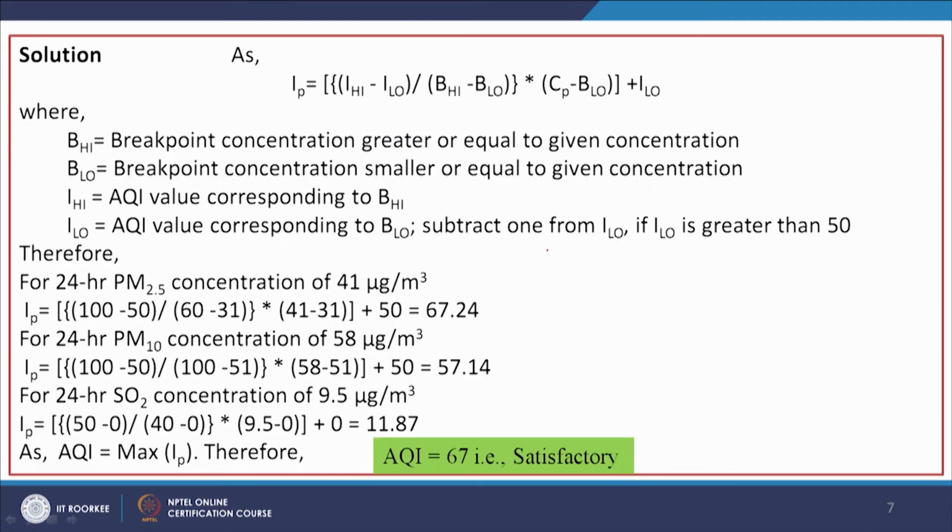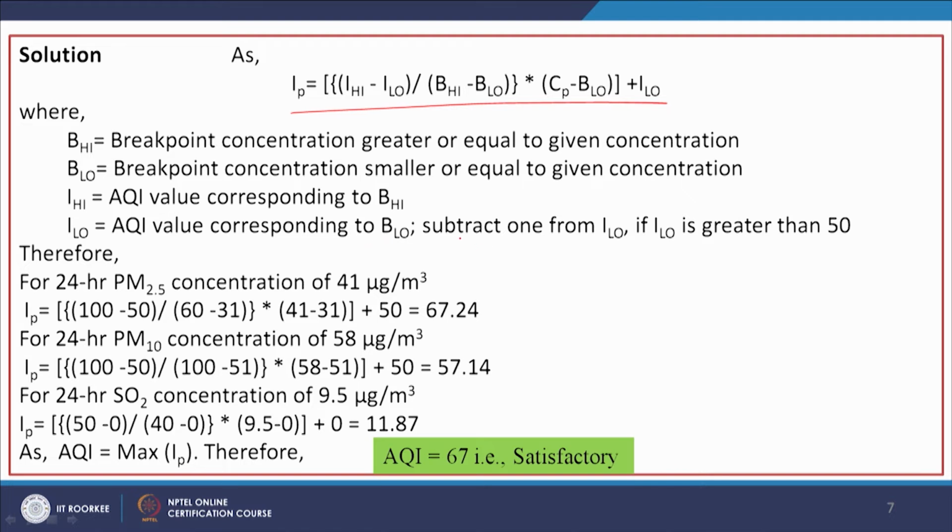So now you see we will be using this one. The individual index is equal to (IHI minus ILO) by (BHI minus BLO) into (Cp minus BLO) plus ILO. BHI is the breakpoint concentration greater or equal to the given concentration, BLO is the breakpoint concentration smaller or equal to the given concentration, IHI is the AQI value corresponding to BHI, and ILO is the AQI value corresponding to BLO.